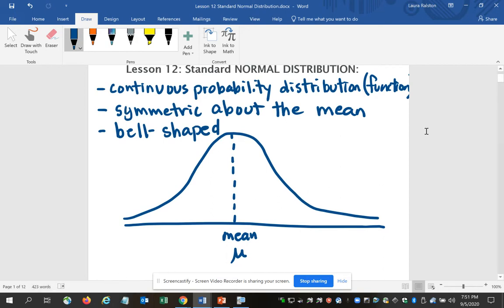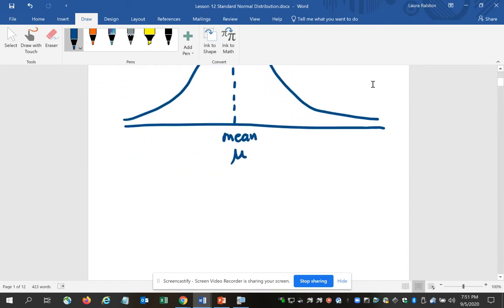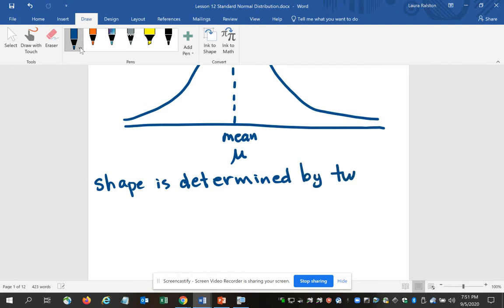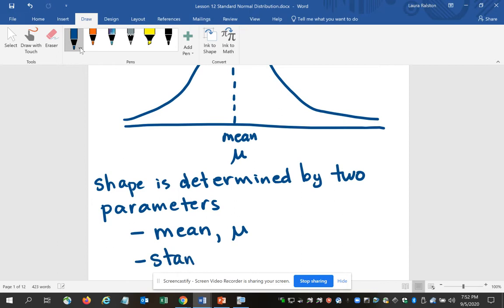Now I drew it kind of what you would normally see, but the shape of the normal distribution is actually determined by two different measurements or two parameters. And those two parameters are the mean of the distribution and the standard deviation of the distribution.